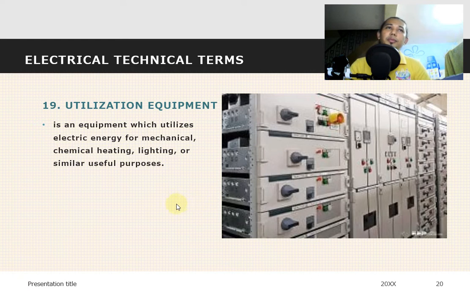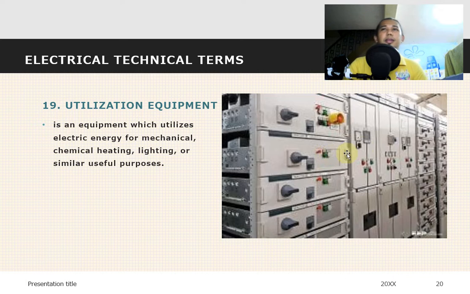And if we talk about utilization equipment, it is a room where all the switches are, to control different uses for a certain building. For example, equipment that utilizes electric energy for mechanical, chemical, heating, lighting, and similar use purposes.